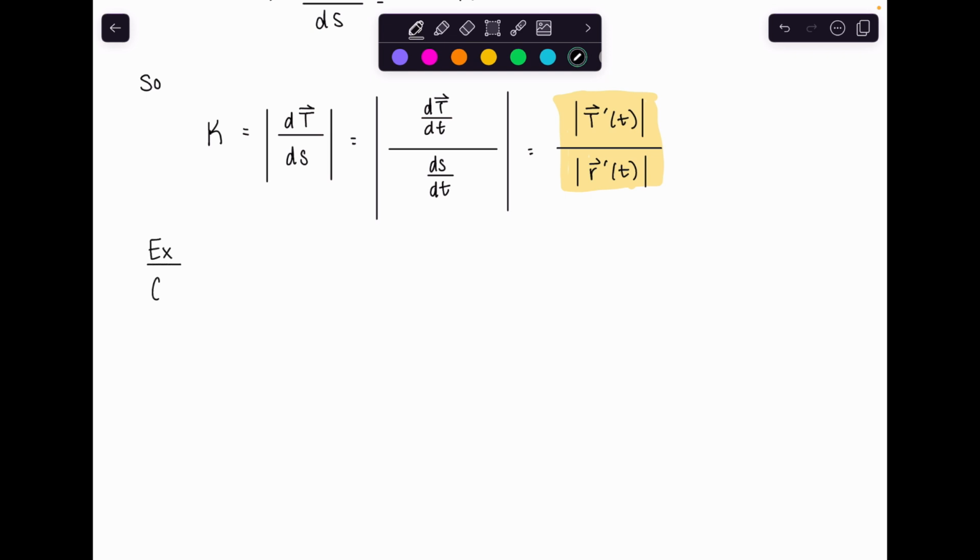Let's compute the curvature of the circle x squared plus y squared equals a squared, where a is a positive real number.